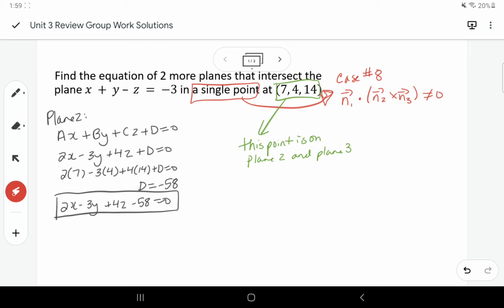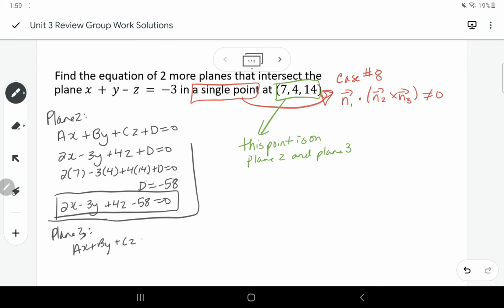And similarly, I'm going to find plane 3, pardon me. Kind of a similar plan. I know that Ax plus By plus Cz plus D equals 0. And now my restriction on the normal ABC is just that it can't be a scalar multiple of the normal from plane 1 or the normal from plane 2.